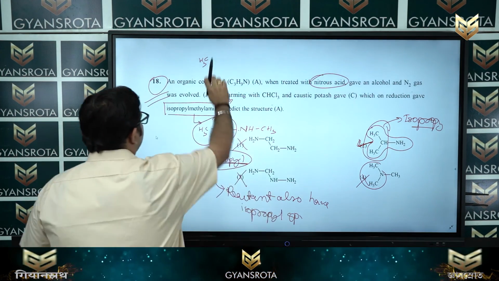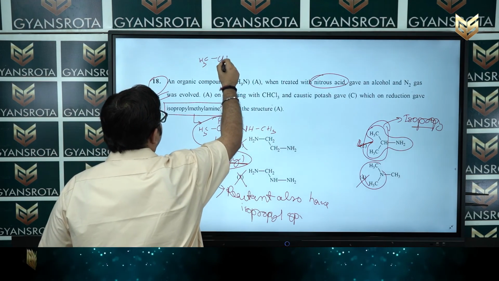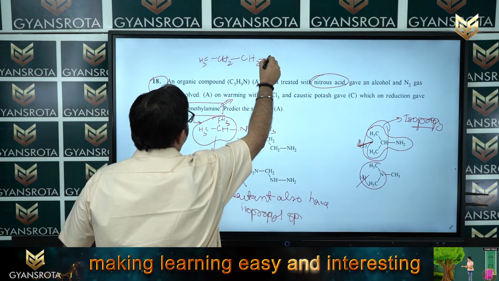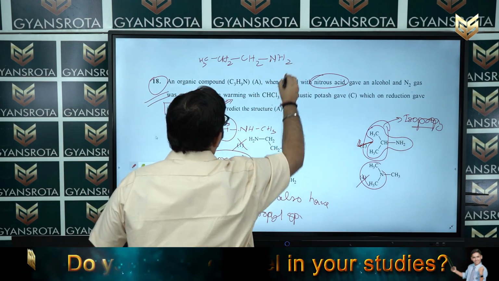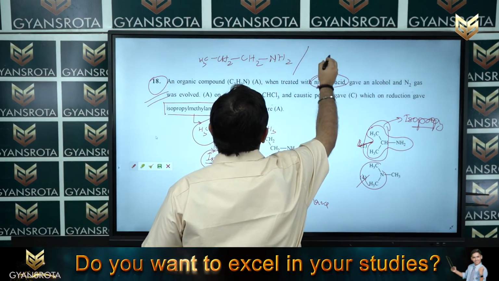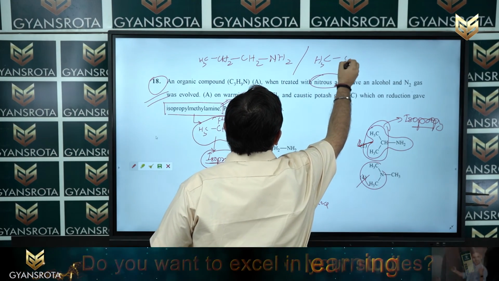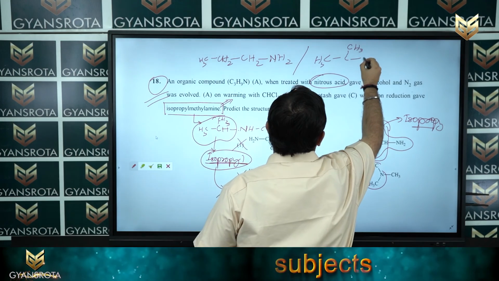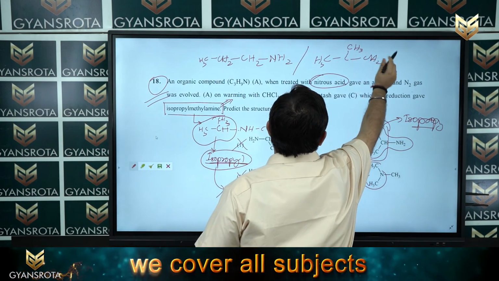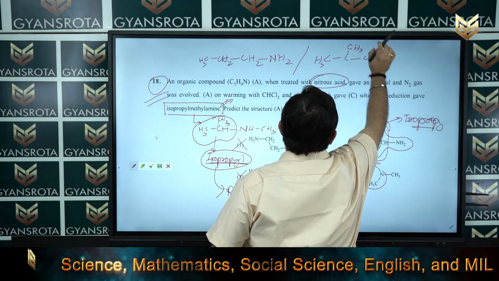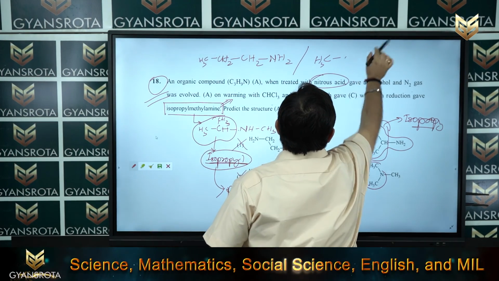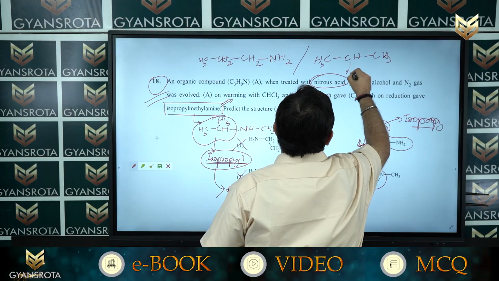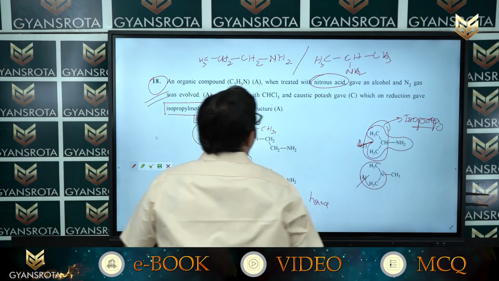Now, there are 2 types of primary amine we can find with this molecular formula. One is this one and another one is this one.